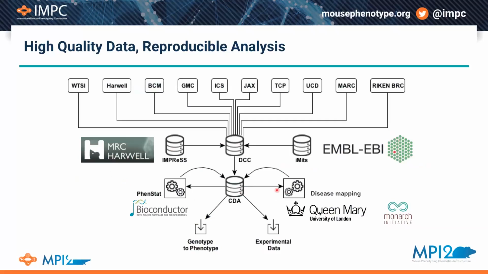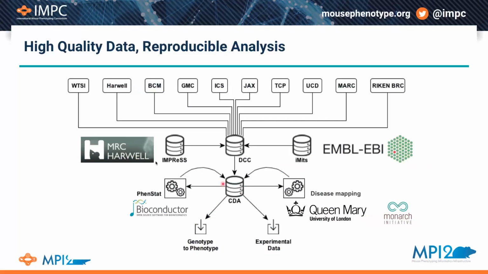And my colleague Damian Smedley at Queen Mary of London is also part of the Monarch Initiative, and he's embedded in the clinical genetics that's happening in the UK health system, and so he's an expert in mapping phenotypes across model organisms to inform variant prioritization in clinical sequencing efforts.